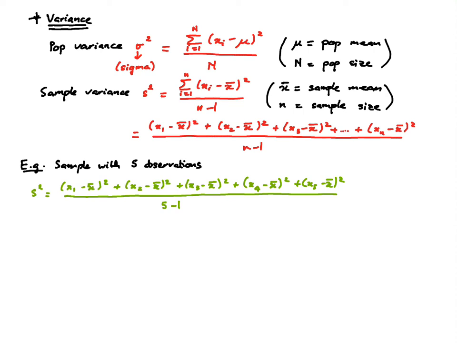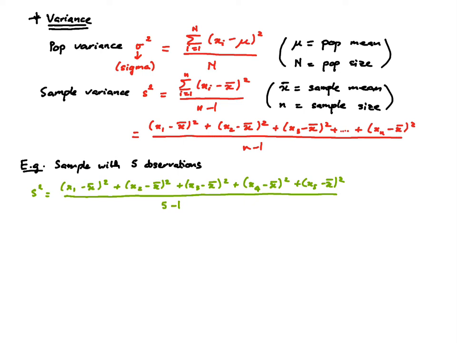Now, it turns out that there's another way for us to calculate the sample variance, which may or may not be easier. It depends on how you want to do it. I'm just going to give you the formula and you decide which formula you want to use.